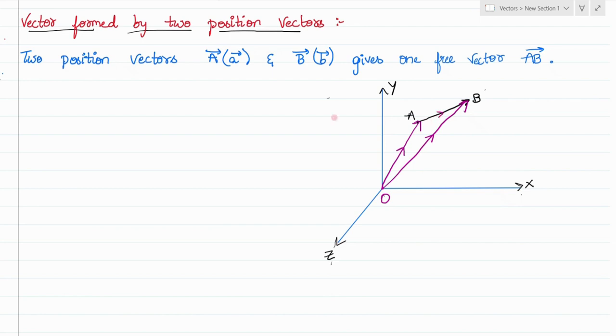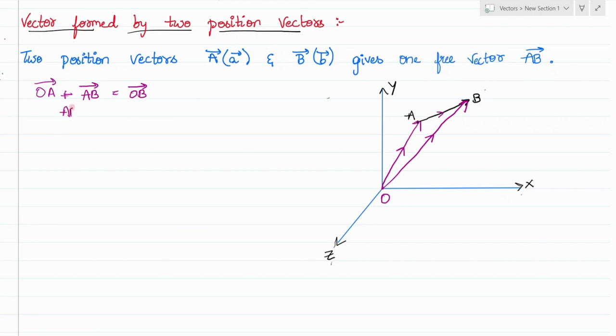So it basically tells us that OA vector plus AB vector equals OB vector.